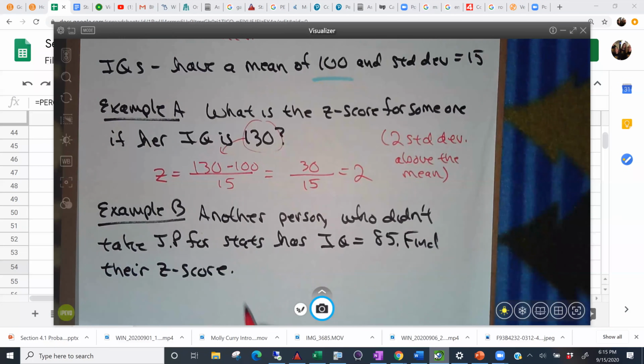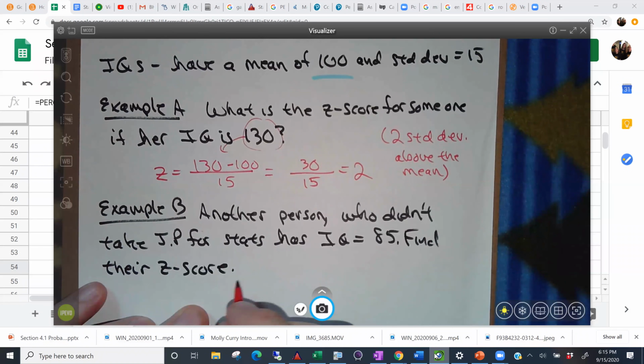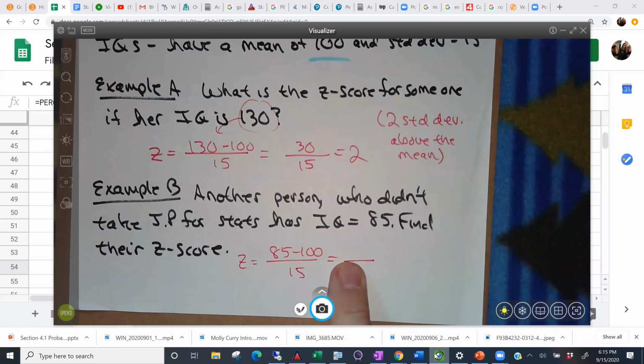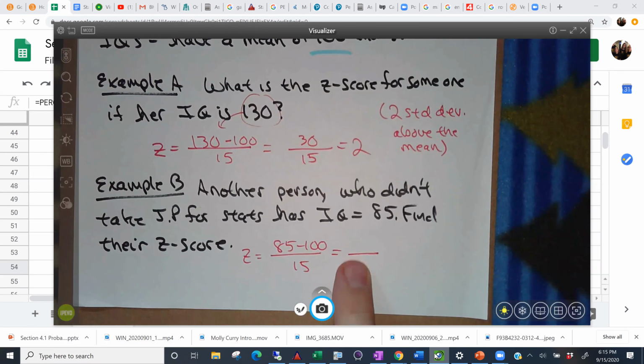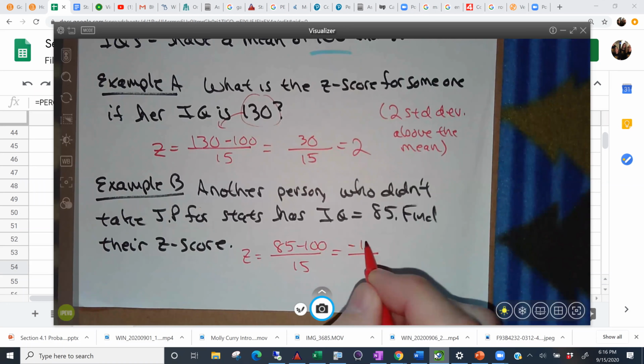All right, not much different than what we just did, except this time it's z equals 85 minus 100 divided by 15. What's the numerator here? Negative 15. And overall, I get -1.